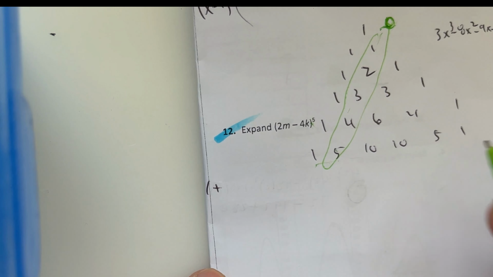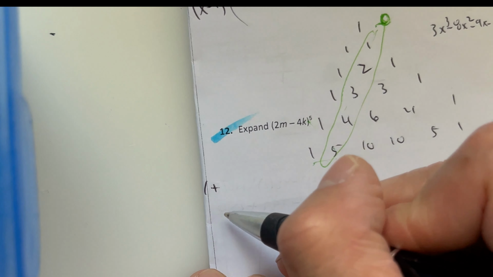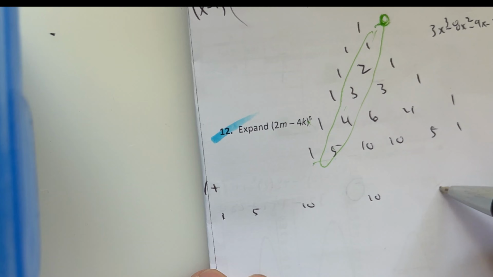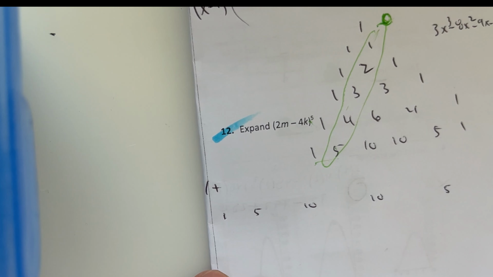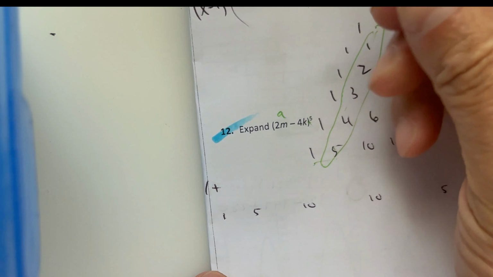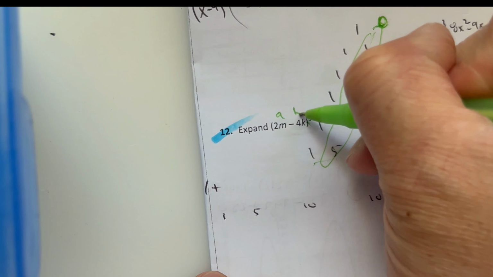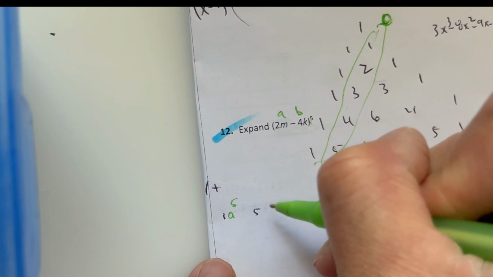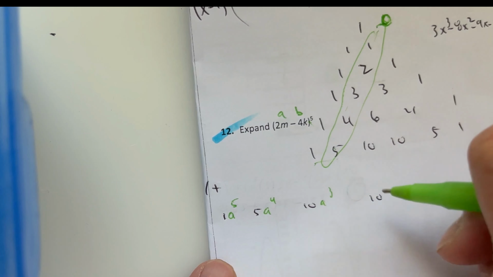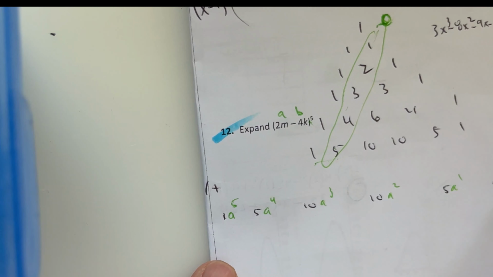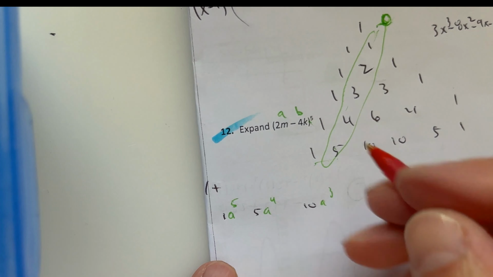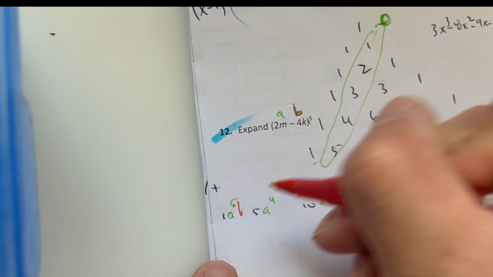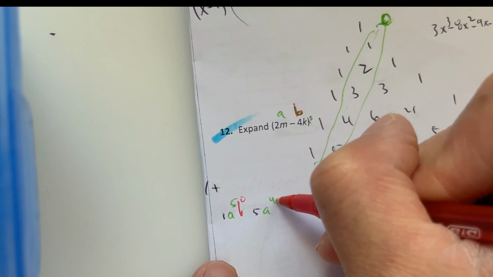That means I'm first gonna write down my coefficients. And then this is my A, and this is my B. So A, we're gonna count down. And then my B will count up.